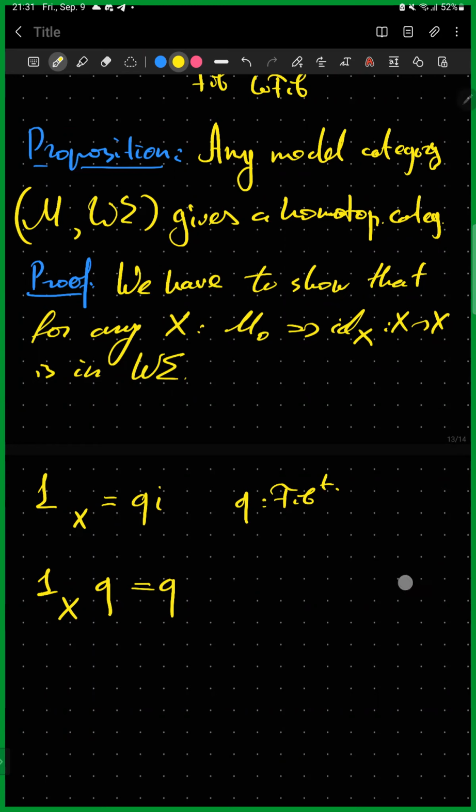So by assumption, Q is a weak equivalence, and by the 6 for 2 property, we see that the identity morphism of the object X is also a weak equivalence.